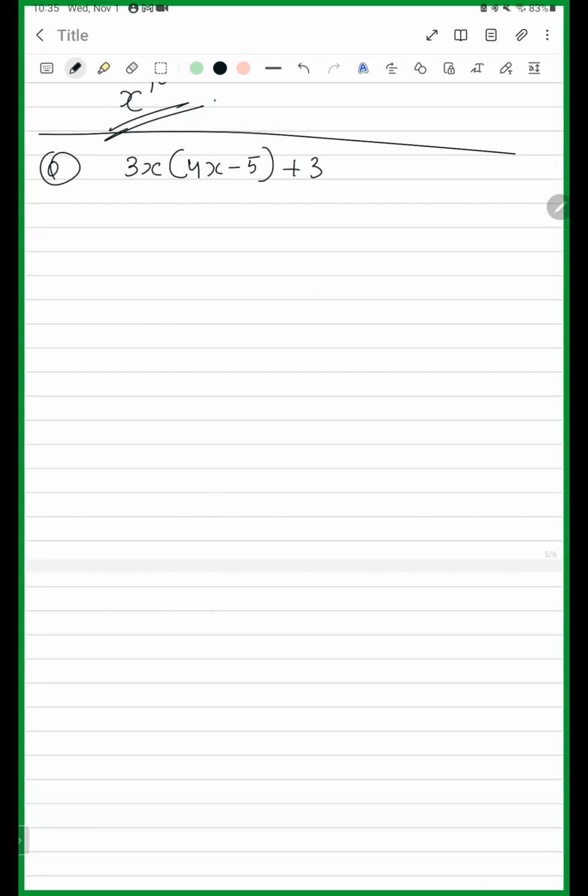So first we need to simplify it. 12x square, then minus 15x. Very good. Then plus 3. So this we need to find the value of this for x equals 3.